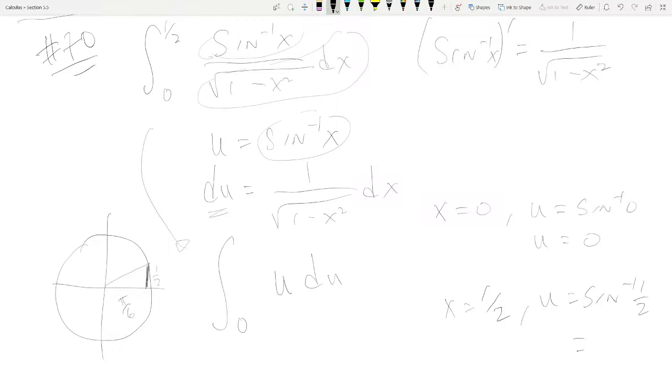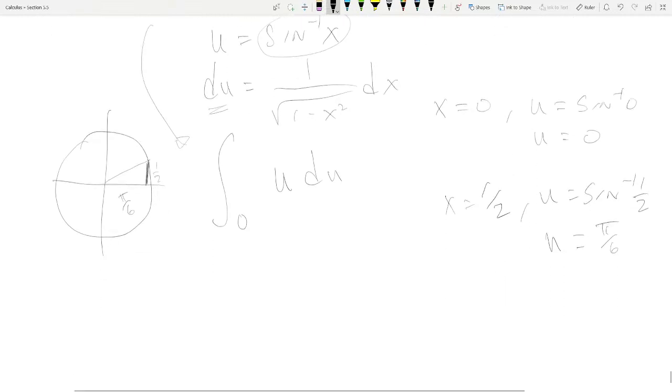So sine of pi over 6 is 1/2. Sine takes an angle like pi over 6 and gives you 1/2. Sine inverse takes 1/2 and gives you the angle where sine is 1/2. So u is pi over 6, and now we're ready to go.